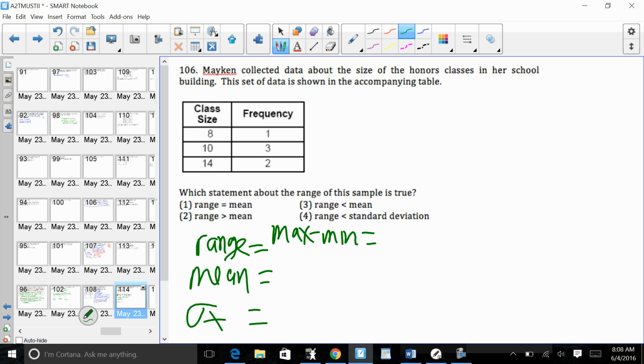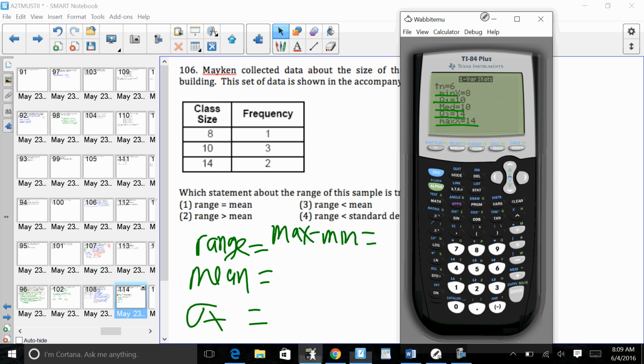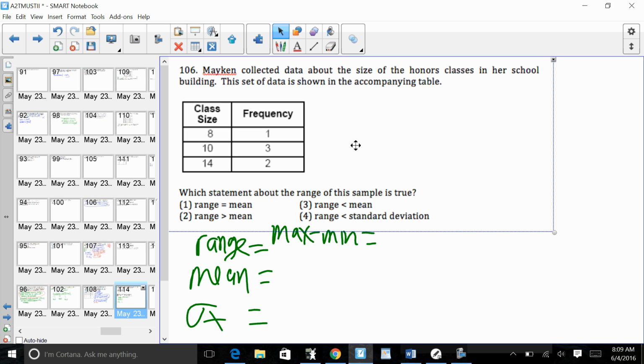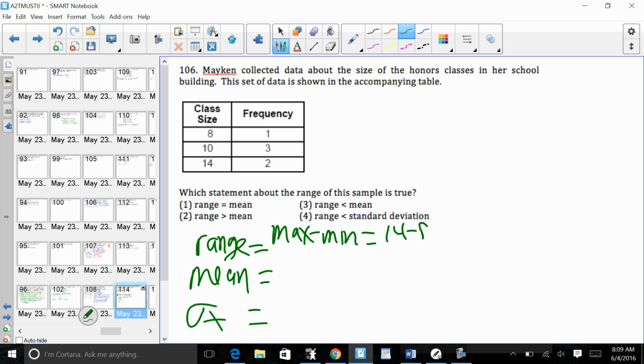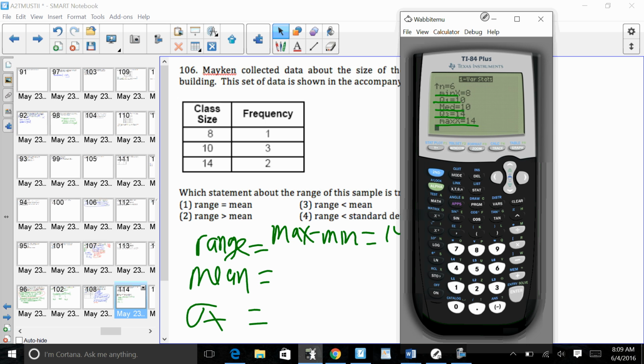So let's go and get my data. Max minus min is 14 minus 8. Is 6. My mean is 11. And my standard deviation is 2.2.